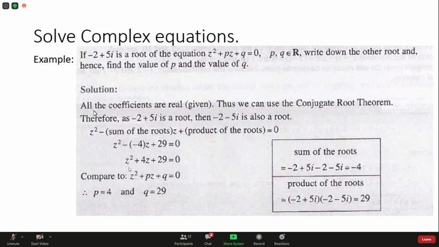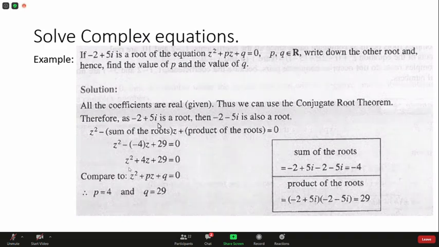But note the approach: all the coefficients are real. Remember, the coefficients are real. In this equation, p and q are given as real. That's given. p and q are elements of the real numbers. So we can use the conjugate root theorem as discussed earlier.